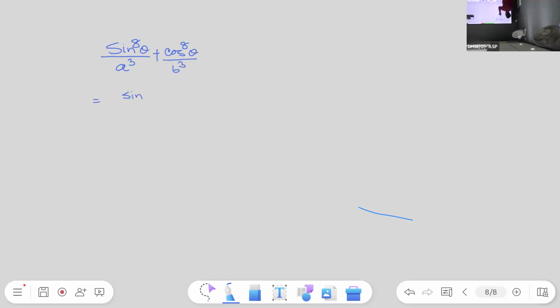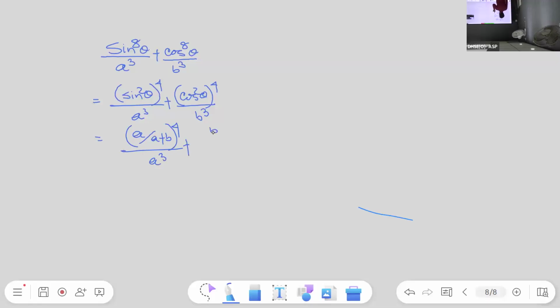This is equal to (sin square theta) to the power 4 upon a cube plus (cos square theta) to the power 4 upon b cube. Sin square theta is (a upon a plus b) whole to the power 4 upon a cube plus (b upon a plus b) whole to the power 4 upon b cube.